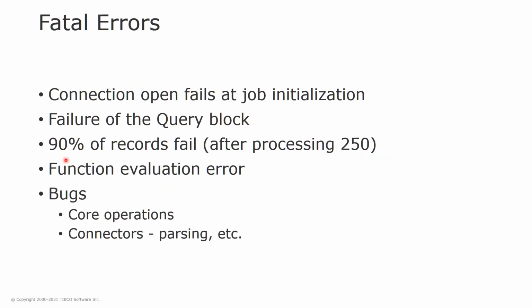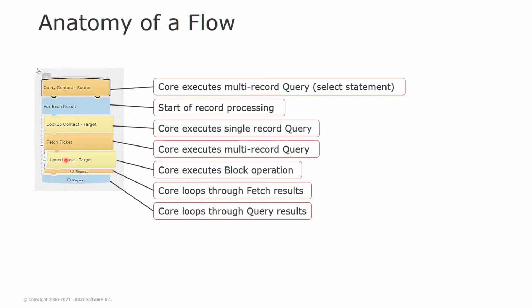Well, you'll get a fatal error if on the job initialization, any of the connections fail to open. You'll also get a fatal error if in the flow itself, in the query block, there's some type of error. Because if you go back to the anatomy of a flow, this is retrieving an array of records.